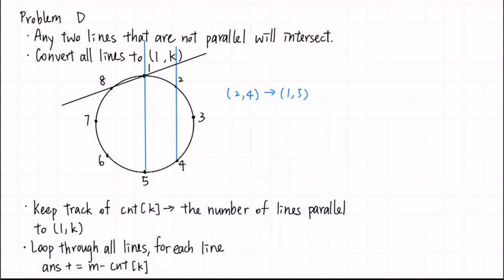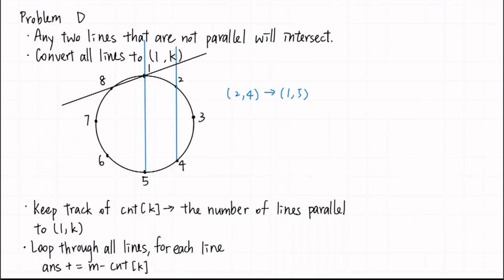This gives two lines, which are 1-5 and 2-4, because they are not parallel to line 1-8, so they will eventually intersect with line 1-8. There will definitely be some point that intersects with line 1-8.